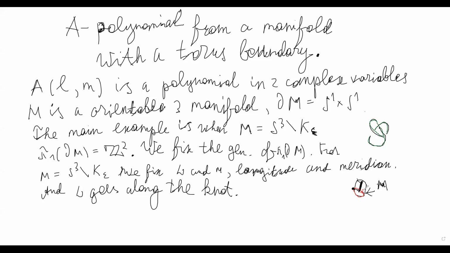And we need somehow to say what representative of this long curve we want. We say that we want the one which is not linked with the original knot and not linked with K.